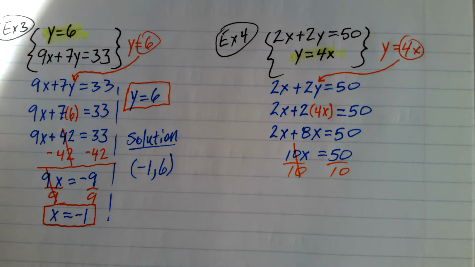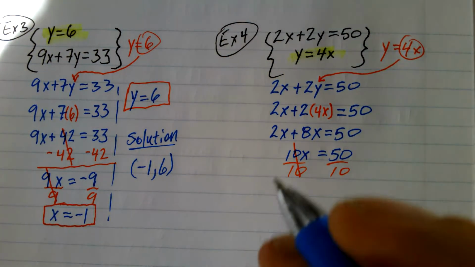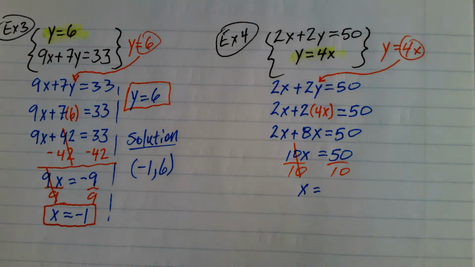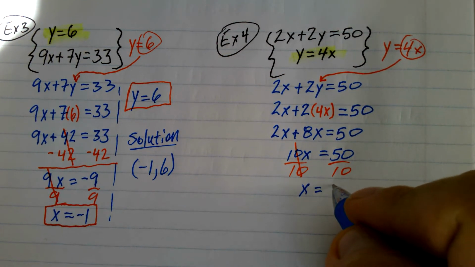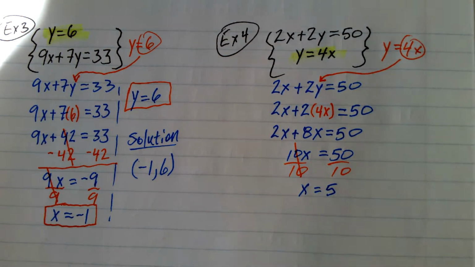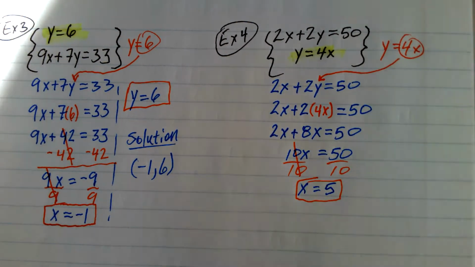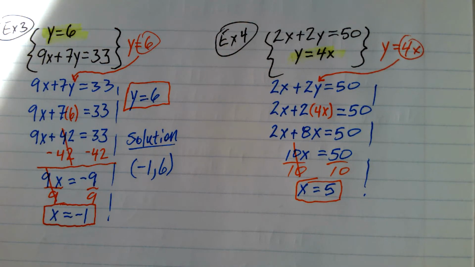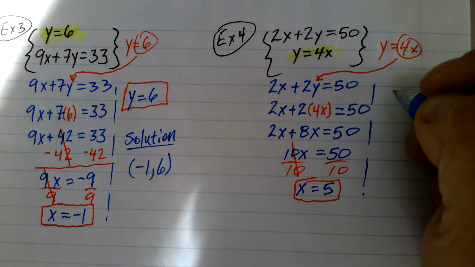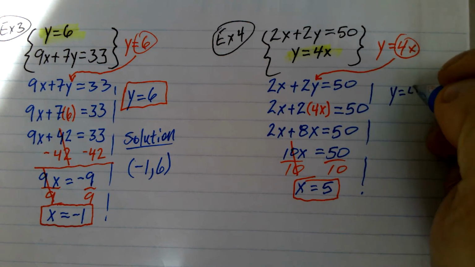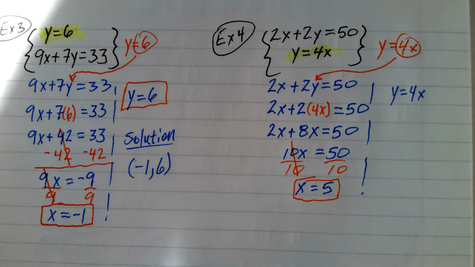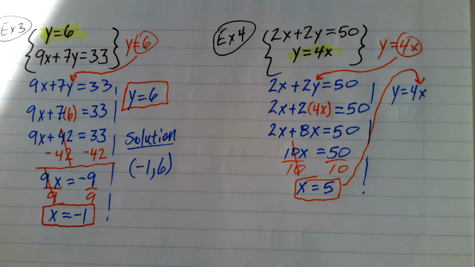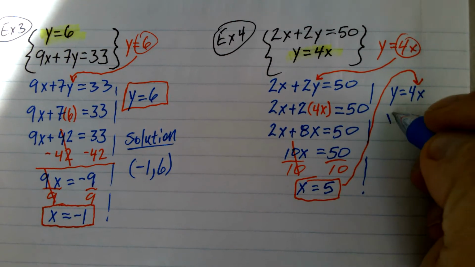Okay. So now let's divide out and figure out what x equals. What does x equal? Please tell me in the chat. X equals 5. Thank you, Maya. X is 5. Okay. So now take that equation we haven't used, y equals 4x. Take the fact that x is 5.